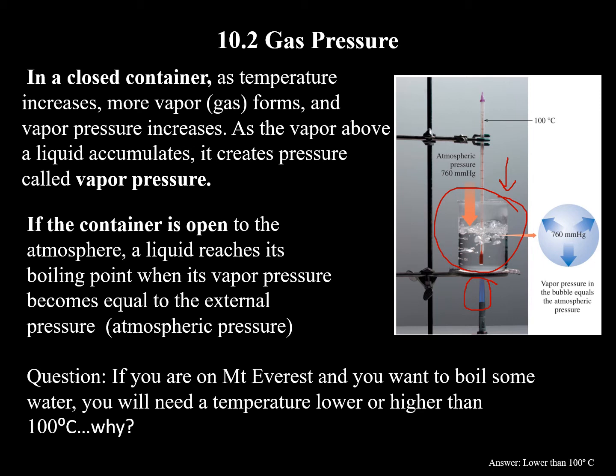It's harder to breathe on Mount Everest, so it's a lower pressure, less oxygen. Which correlates to a lower temperature than 100 degrees to boil water, because there's less pressure pushing down on our liquid in this case. So to overcome this pressure, you would need to heat the water up less.